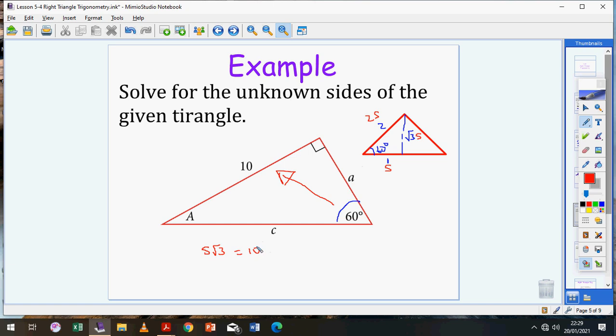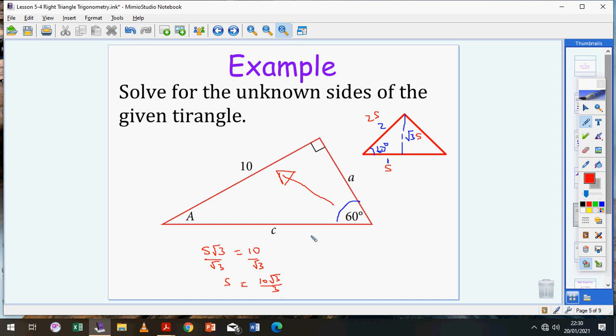And since s root 3 is equal to 10, if I divide by root 3 on both sides, I'll have s is equal to 10 divided by root 3, which if I do the simplifying will be 10 root 3 divided by 3. So this is the relation for the side s.